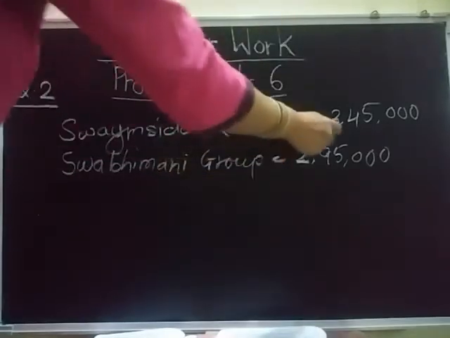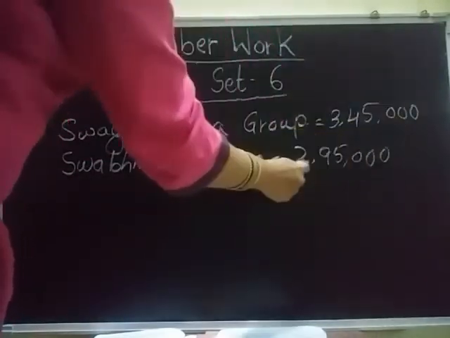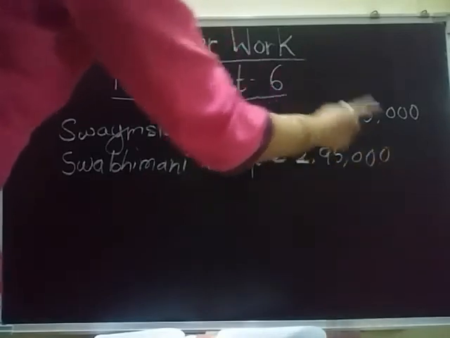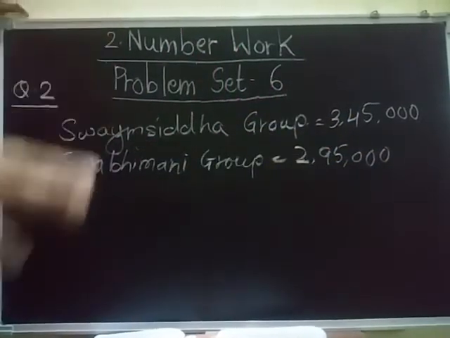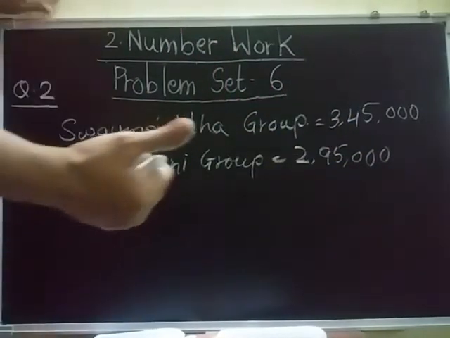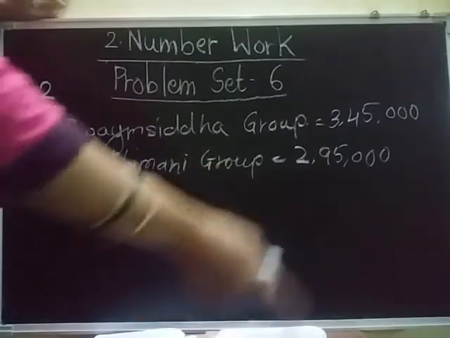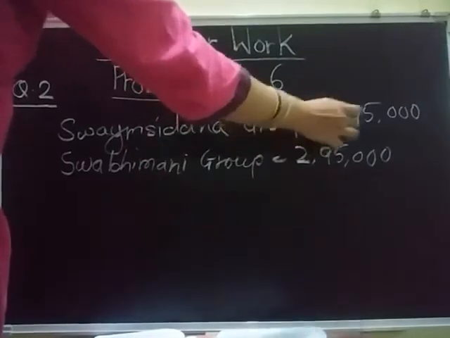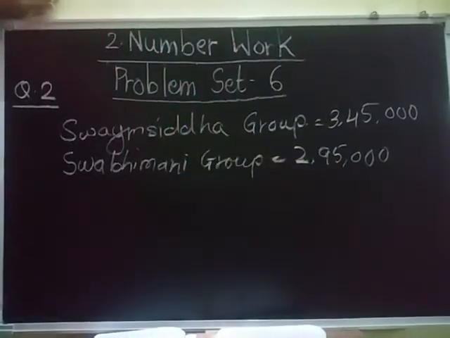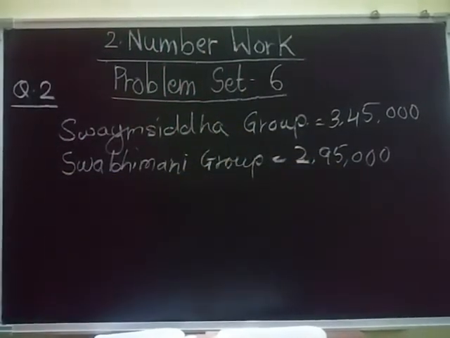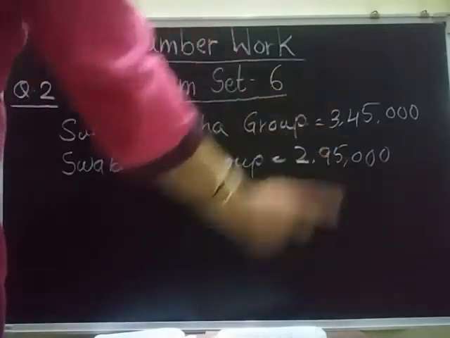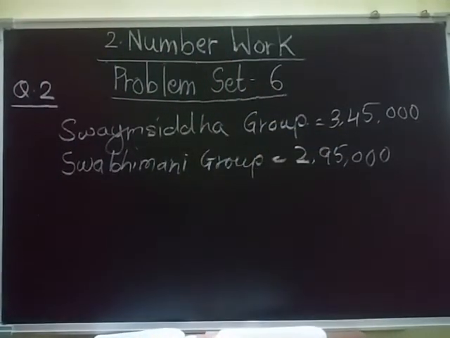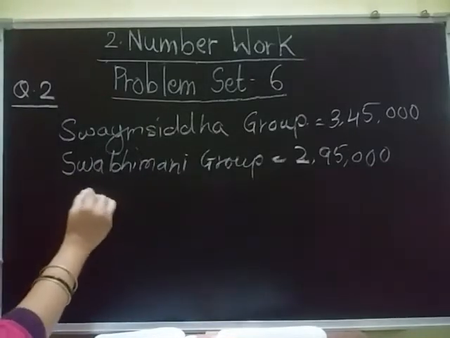First we have to count the digits: 1, 2, 3, 4, 5, 6. 1, 2, 3, 4, 5, 6. It means both the numbers are having same digits. So now as per our second step, what we have to see? First digit. First digit is 3 and here the first digit is 2. So which one is greater? 3 is greater. Okay. So which group has made more papads?